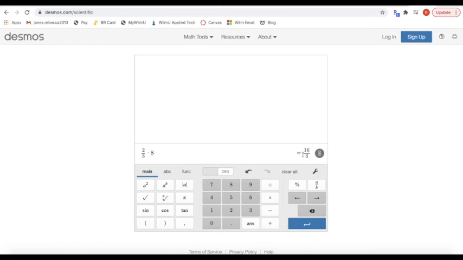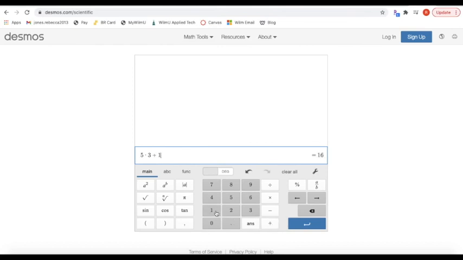But we want to make sure that we converted it from an improper fraction to a mixed number correctly. So what we're going to do is take the fraction that we have as our mixed number, 5 and 1/3. And just like how we would go from having a mixed number to an improper fraction, we're going to do that now. So we're going to do 5 times 3 plus 1.